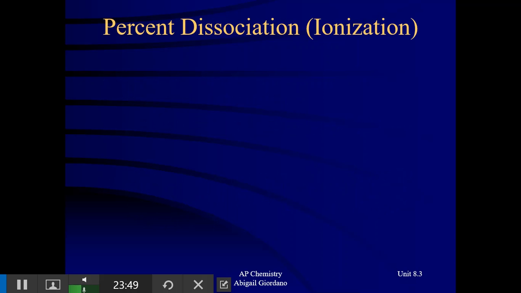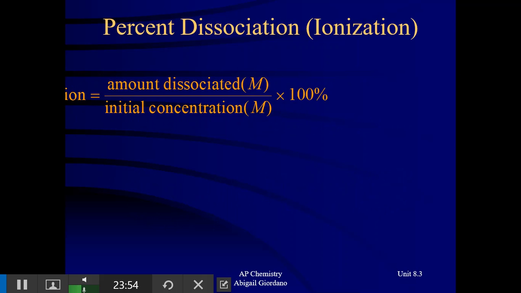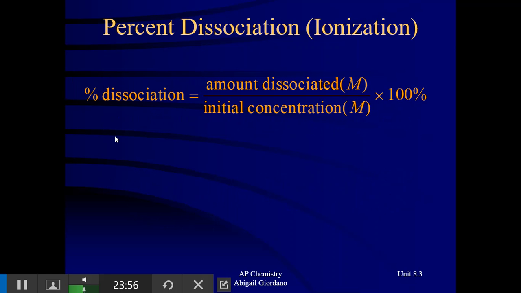Okay, here's something else you might be asked to solve for in a weak acid situation. You might be asked, instead of calculate the pH, to solve for the percent dissociation, which, guys, means exactly what it sounds like. What percentage of the acid broke apart, ionized, dissociated?